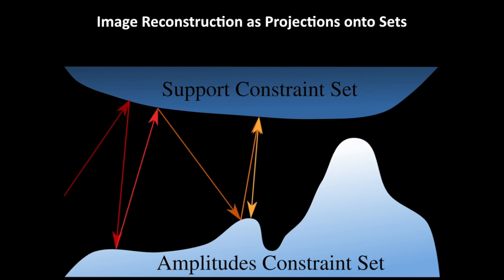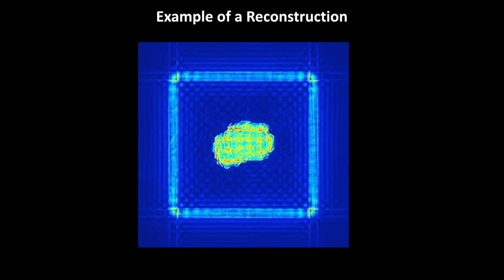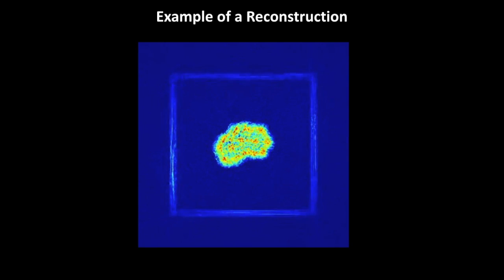The issue being that this set is not a convex set, so you can get local minima and you can get stuck. There are all kinds of algorithms to try to help you out of these situations. I will not talk about it now, but the idea is simple: you just apply those constraints alternately, and hopefully we'll get to a solution. And this is just an example.